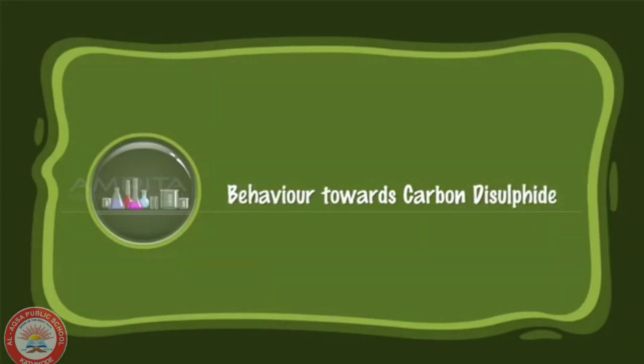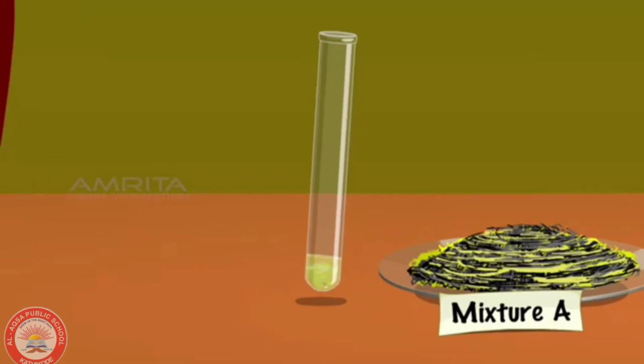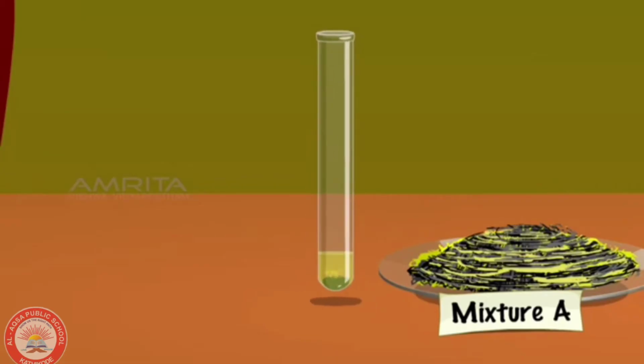The next one, behavior towards carbon disulfide. It's a liquid. First of all, we have to take some amount of mixture A in a test tube, and to this test tube we add some drops of carbon disulfide and stir it well. After some time we can see that sulfur dissolves, and after some time we can see that the sulfur remains there.